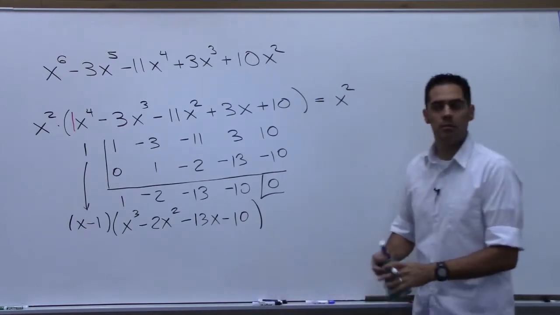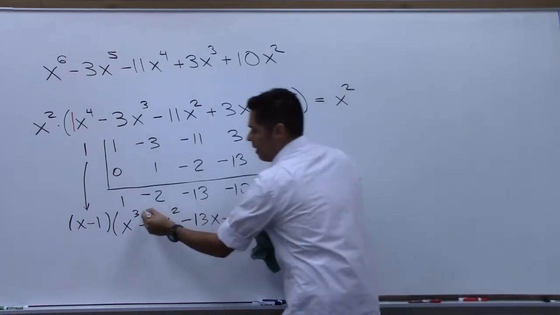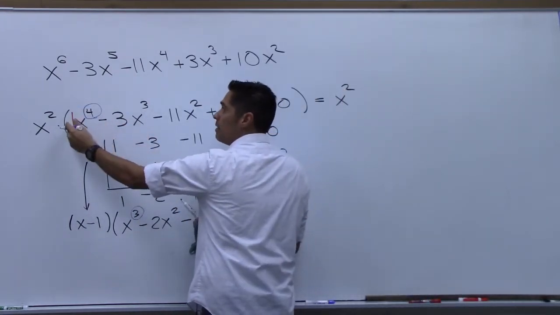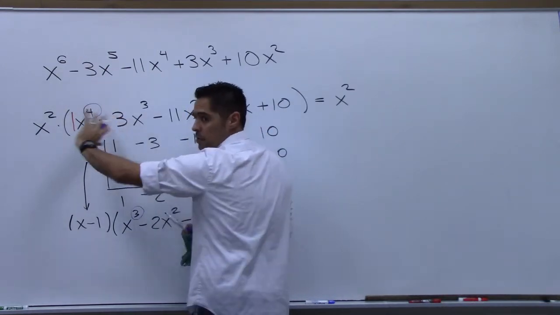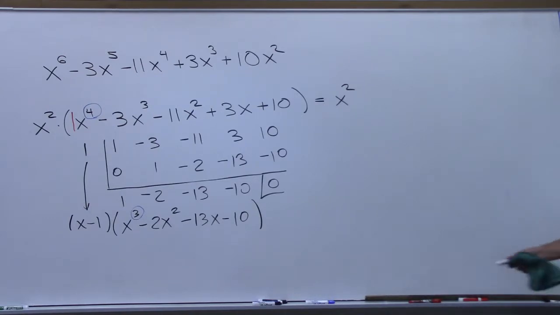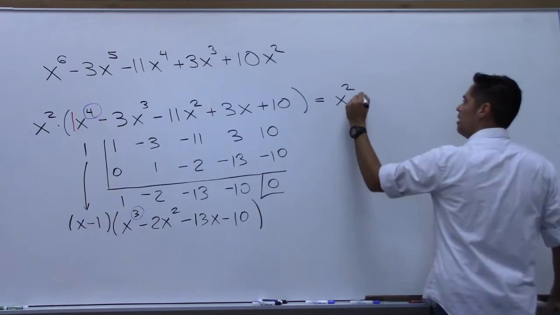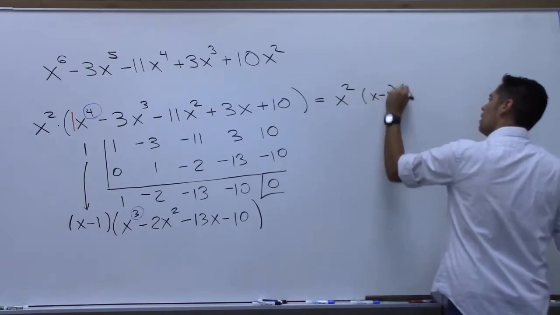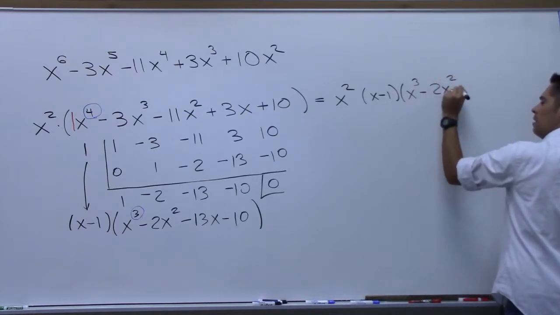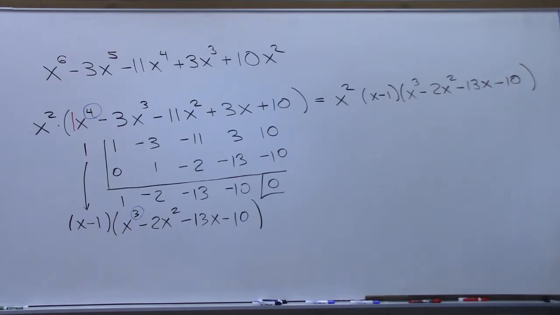There we go. I'm going to put that back up here. Remember now, the third came from the fact that we were working on this piece in here, right? It's not a 5, because we'd already pulled the x squared out. You good? So this whole thing turns out to be x squared, then the x minus 1, then x cubed minus 2x squared minus 13x minus 10. That's where we are now.